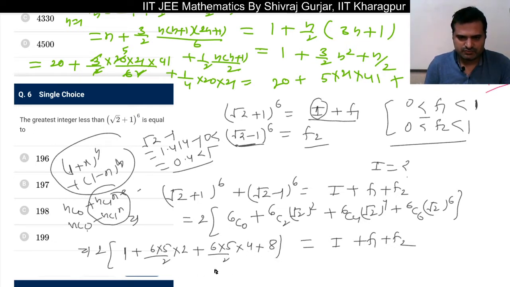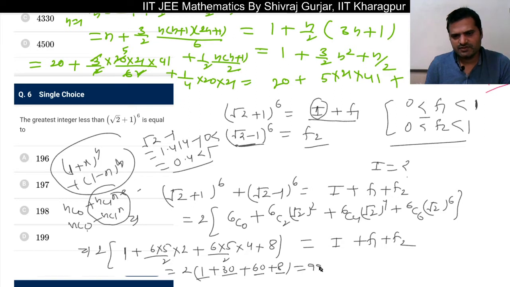So let us simplify it: 1 plus 30 plus 60 plus 8. So this is 30, 60, 98, 99. So 99 into 2 is 198. So what did we get? I plus f1 plus f2 is equal to 198.